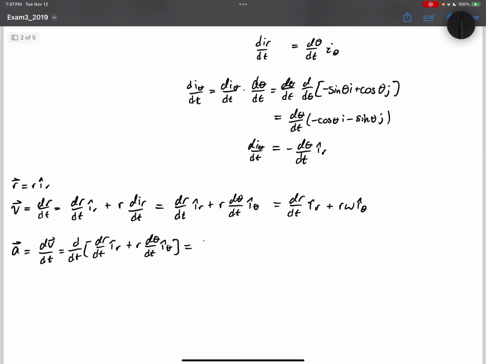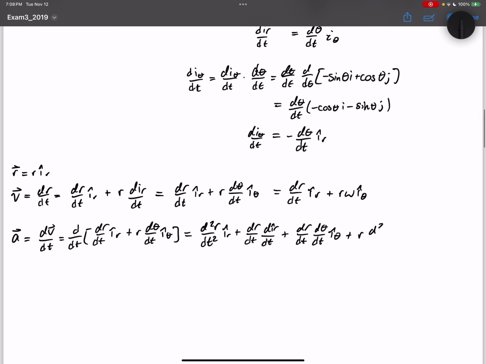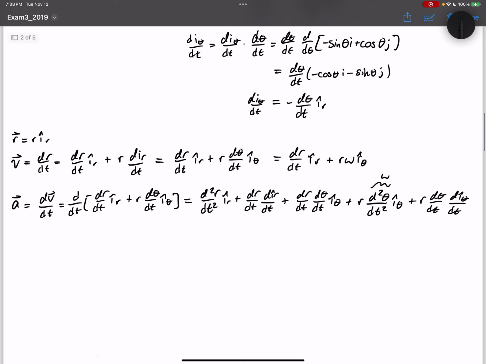We're going to have a couple terms here: d squared r/dt squared i_r, plus dr/dt di_r/dt, plus dr/dt d theta/dt i_theta, plus r times the second derivative of theta, so the derivative of omega, i_theta, plus r d theta/dt di_theta/dt. We're just distributing this to every term using the product rule.